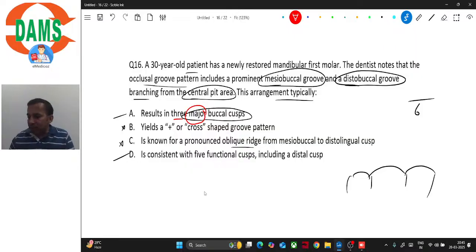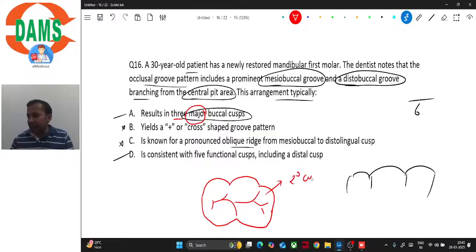The distal cusp, right? This distal cusp is a secondary cusp, isn't it? Distal cusp is the secondary cusp. It is not a major cusp. So rest all the 4 cusps are primary, but the distal cusp is a secondary cusp.